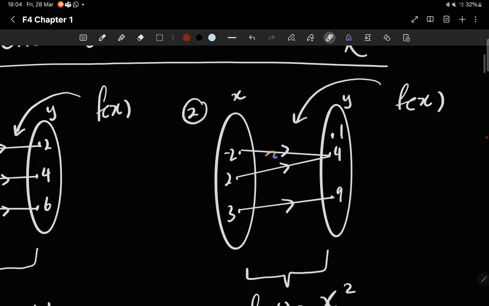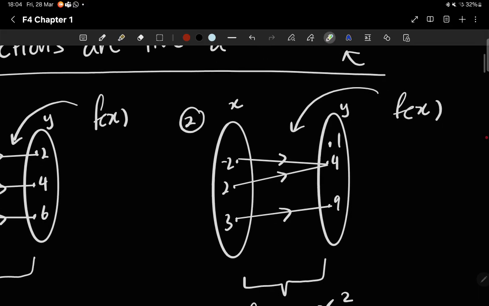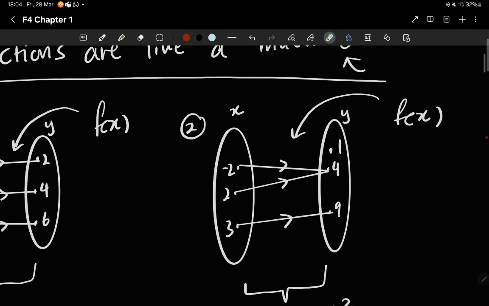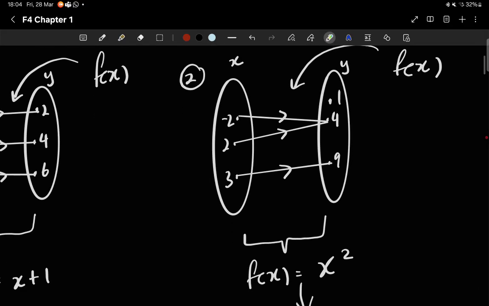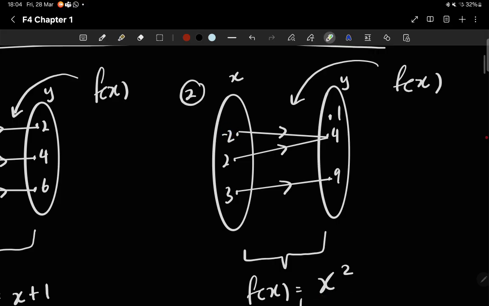So this bridge over here is basically our function. The function takes in our input and gives us an output. And maybe let's try to guess what this function could be. Well, I think if you've already seen it, it's actually f(x) = x squared, because when you square the -2, you get 4, and when you square 2, you get 4 also, and when you square 3, you get 9.